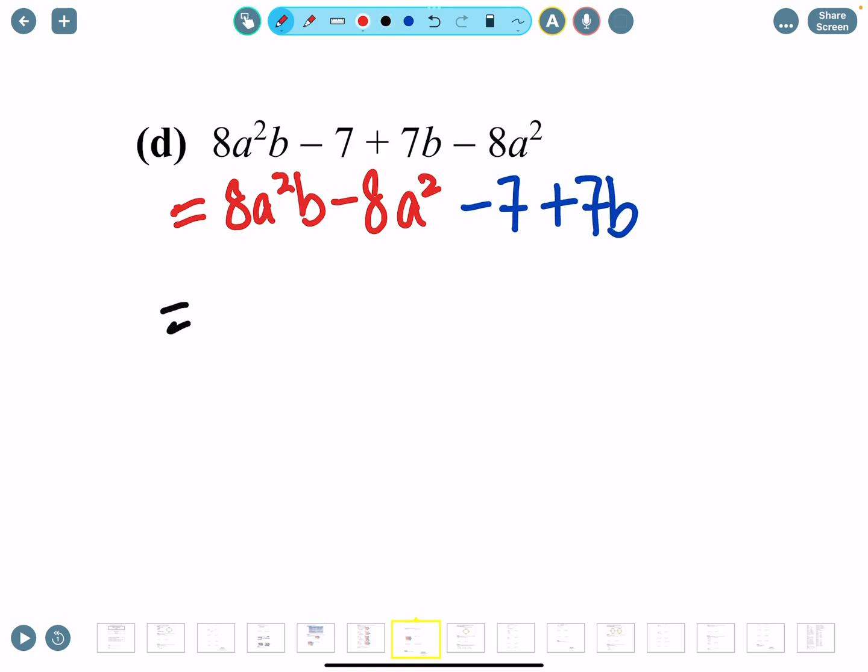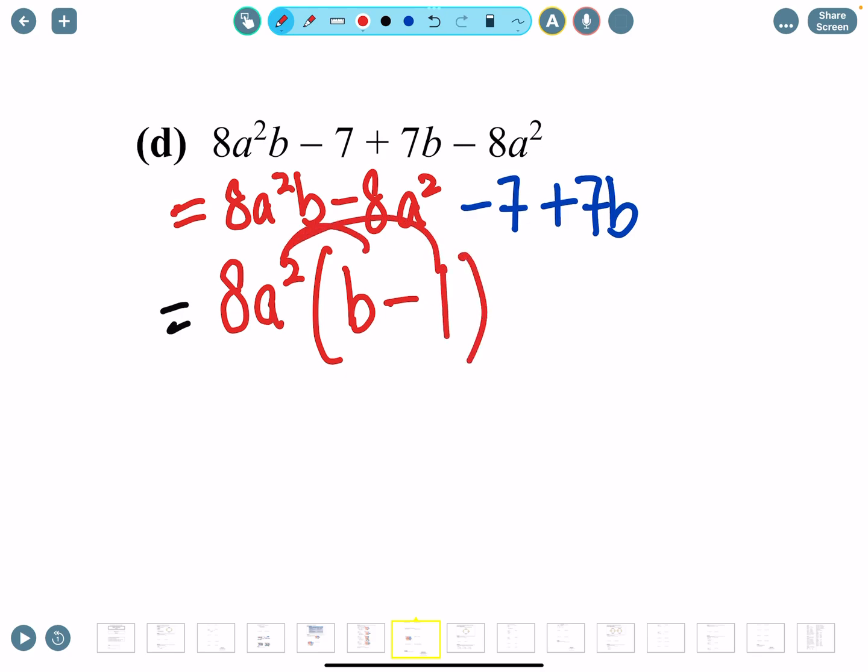So in my next step, I'm going to factorize 8 and a square. Both of them have an a square. Might as well factorize the a square out. I would have b minus, nothing is left here, so you don't put 0, you put 1, b minus 1. Because when you do rainbow method, the 1 has to be there. If it's 0, basically your rainbow method will become 0, and this is not 0.